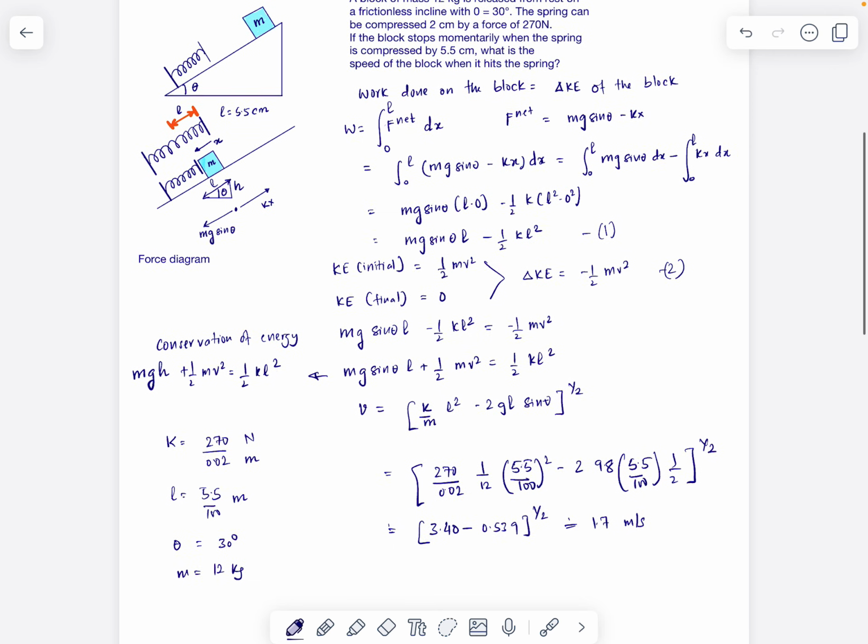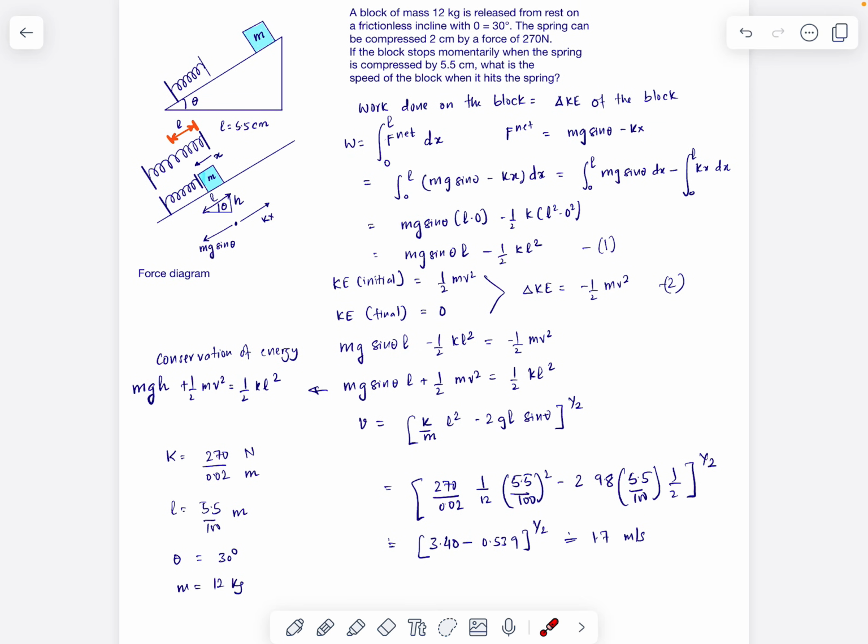Okay. So what we have seen here is that we could use this method, that's the conservation of energy, or we could use the work energy relationship. Either of these, when used properly and correctly, will give us the same answer.